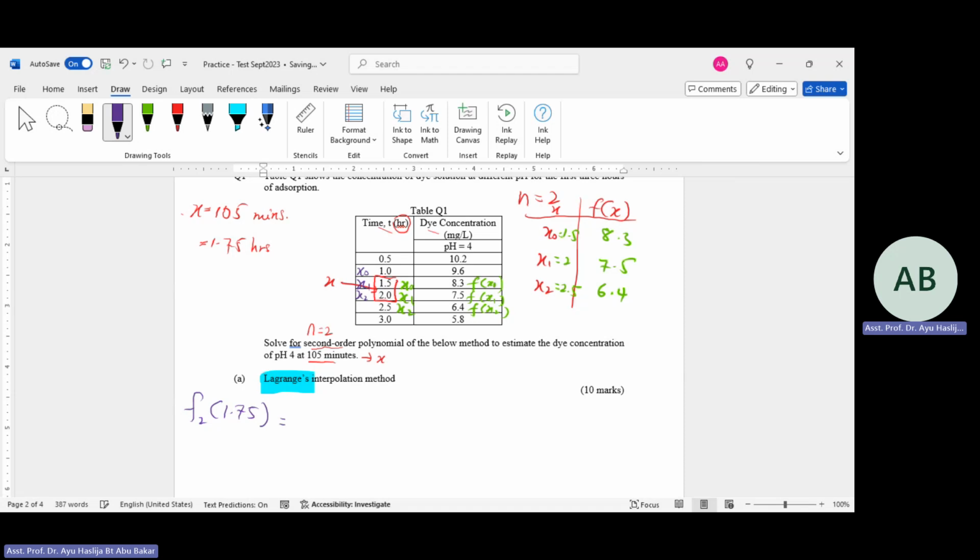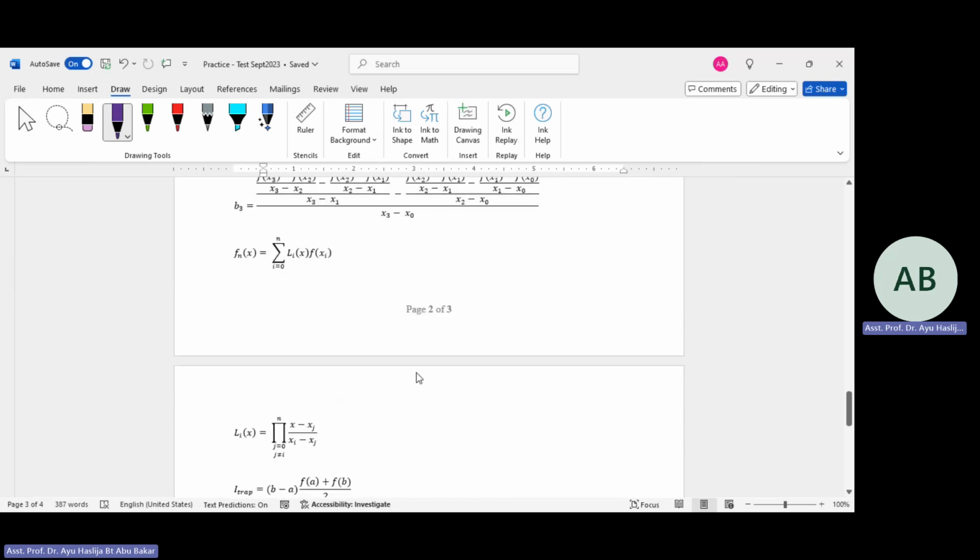Now what is the equation for Lagrange? Lagrange involves the L with the weighting function. So identify the equation first. For your info, the equation will be given like this only. Okay, this is Lagrange. And then this is the weighting function for the Lagrange.